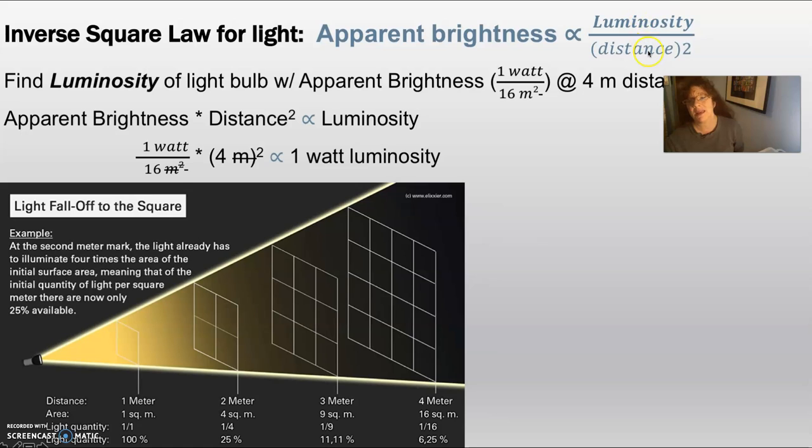I can move the distance squared over to this side of the equation. Apparent brightness times distance squared is proportional to luminosity. And guess what? 1/16 meters squared times 16 meters squared equals 1 watt of luminosity. All right, so I found my luminosity there.